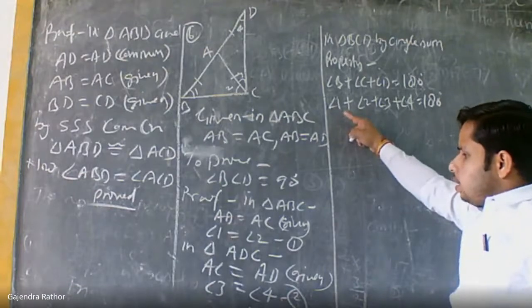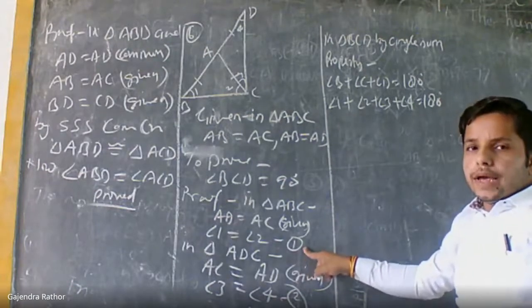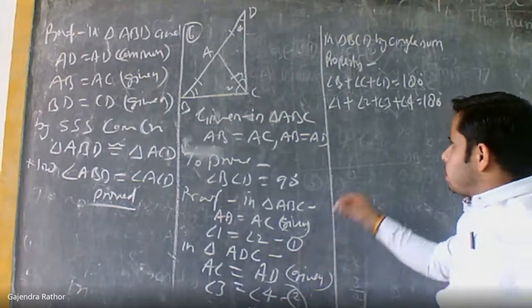Now angle 1 is equal to angle 2, so we can replace angle 1 by angle 2 using equation number 1.